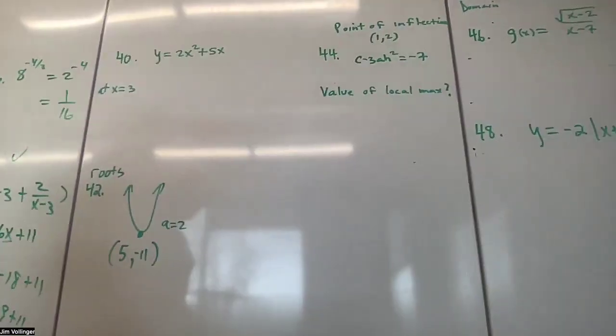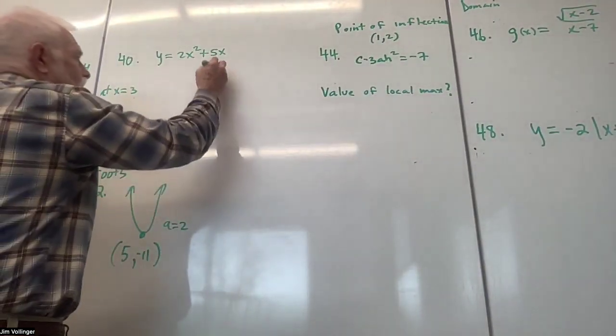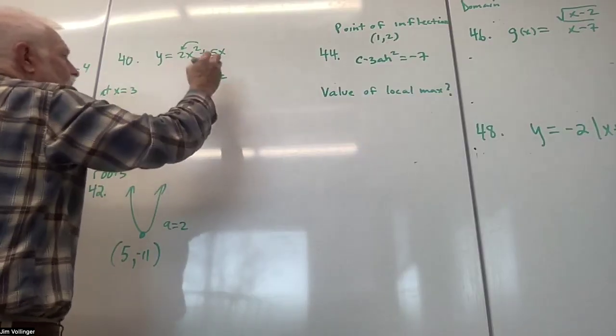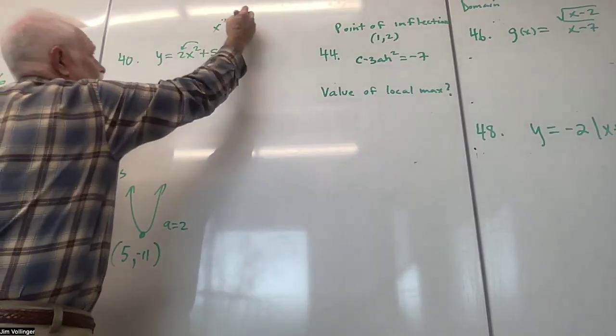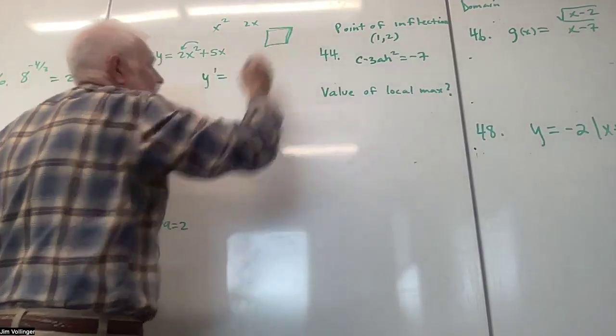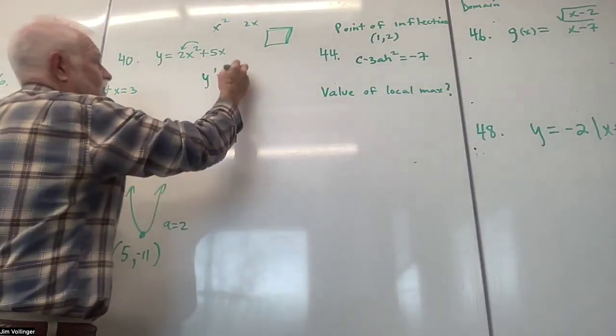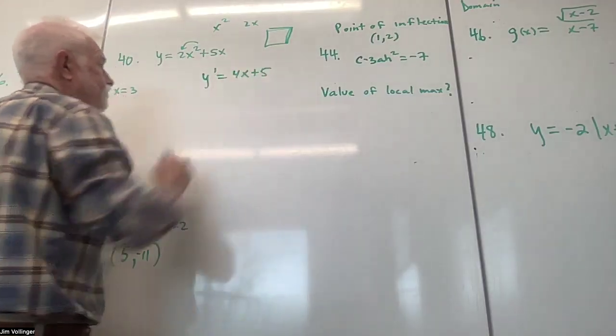All right, equation of line tangent to y. Well, we need the slope formula, which is double that number because x squared changes according to 2x. We've been drawing those pictures for weeks. It's the layering process. So my slopes come from 4x plus 5.